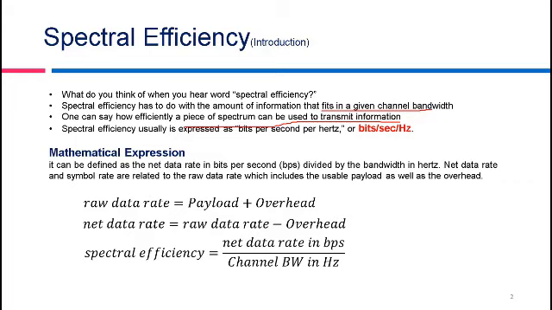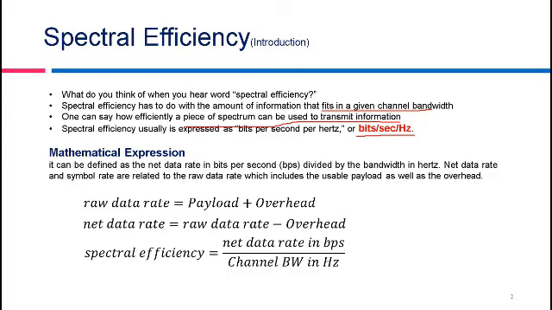Spectral efficiency is usually expressed as bits per second per hertz, which is its measurement unit. From these units we can clearly see that it's a measure of how many bits can be sent within a second using 1 hertz of bandwidth.